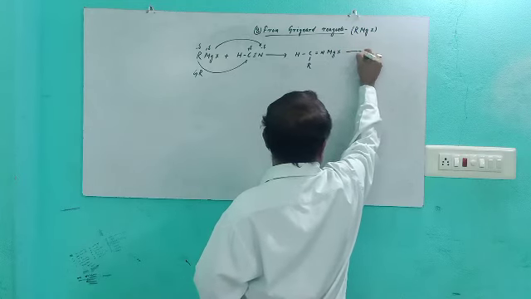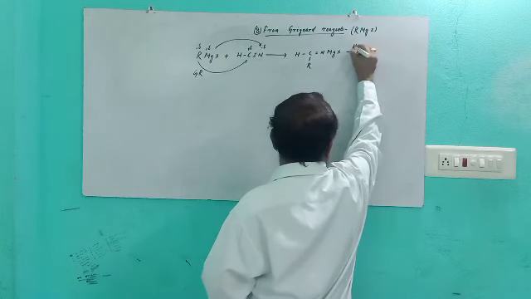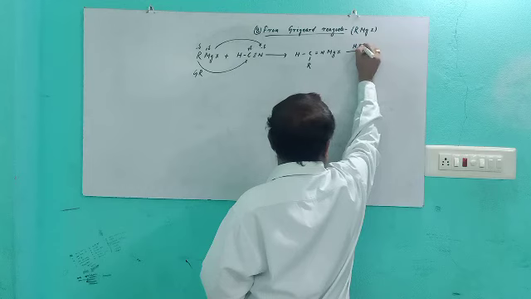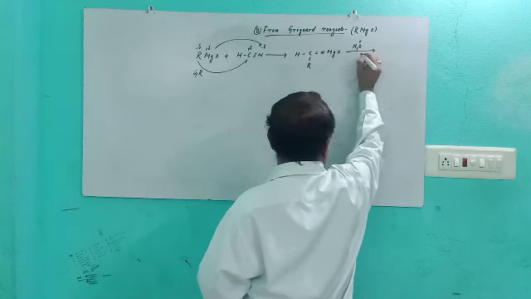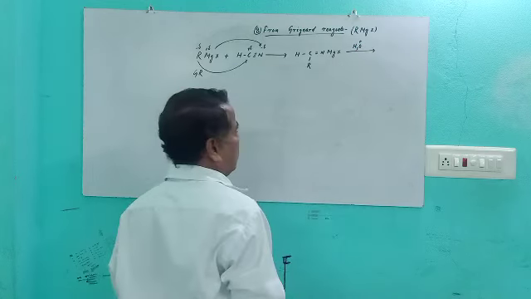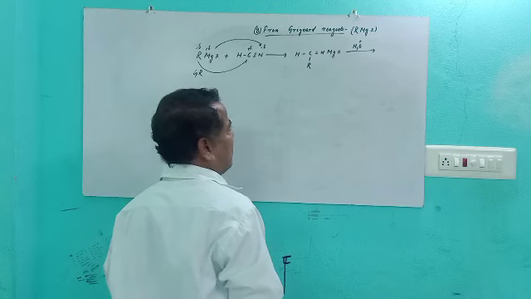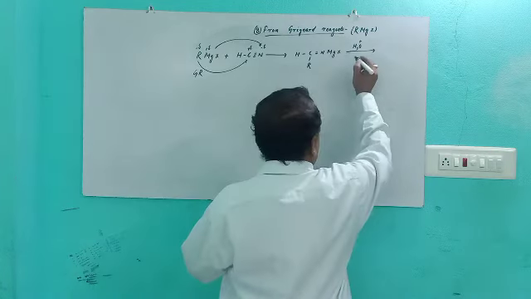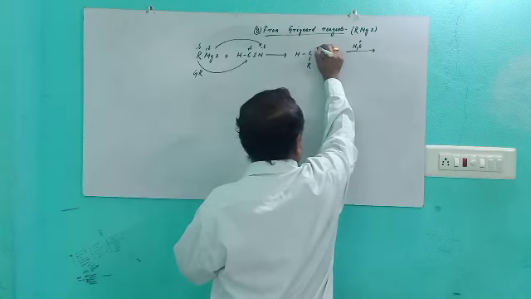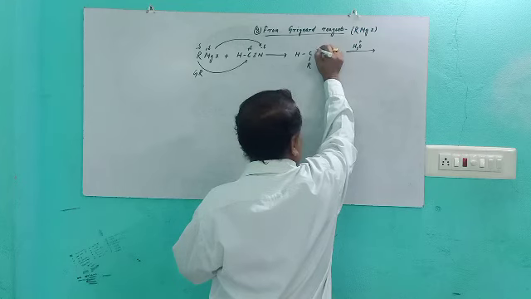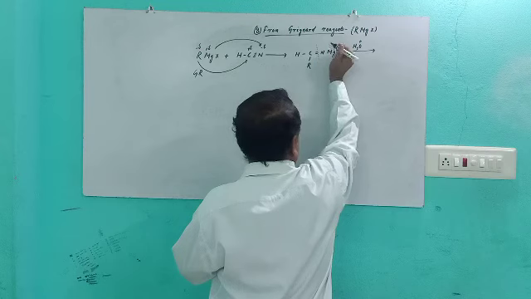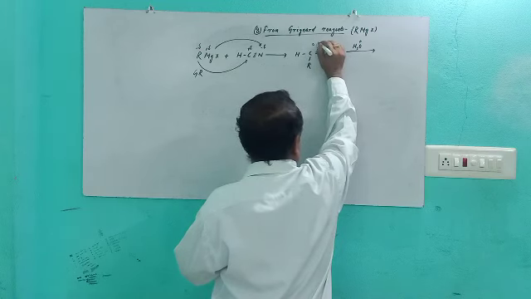On acidic hydrolysis, that is H3O plus, or you can write H2O with H plus, this bond breaks, and the water's oxygen and hydrogens come to this part.